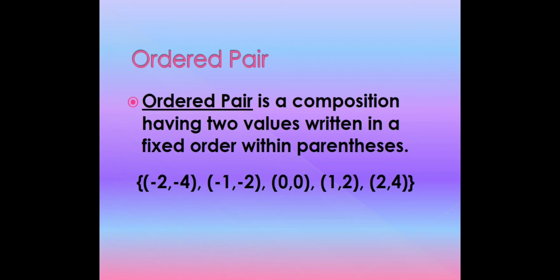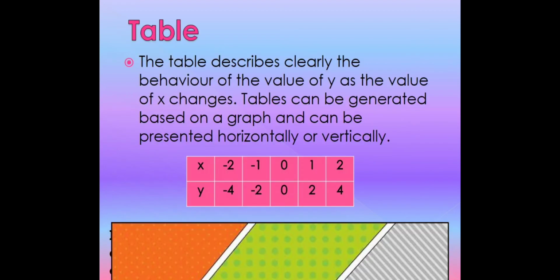And also, what we have done in activity 1 and in our example about love themes are also examples of an ordered pair. Any question? Let's have the next one. Table. The table below describes clearly the behavior of the value of y as the value of x changes.